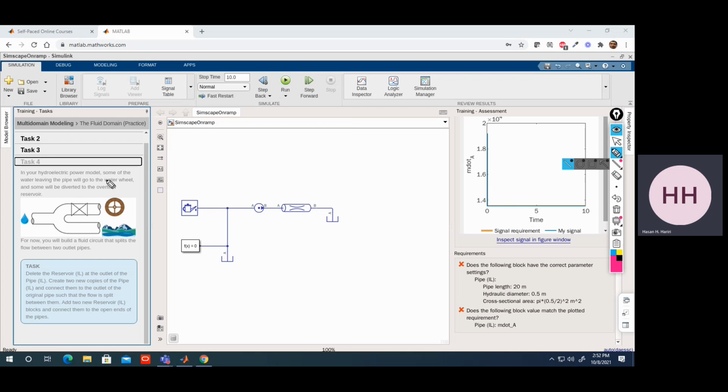In your hydroelectric power model, some of the water leaving the pipe will go to the water wheel and some will be diverted to the overflow reservoir. Okay. All right. So for now, you will build a fluid circuit that splits the flow between two outlet pipes.